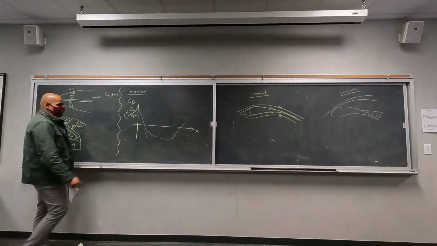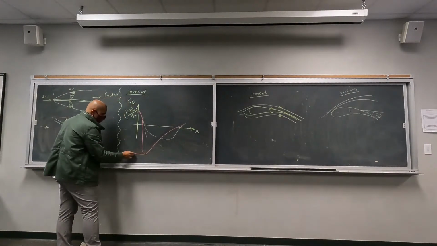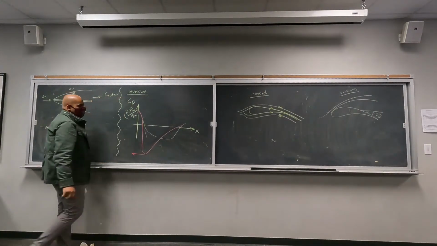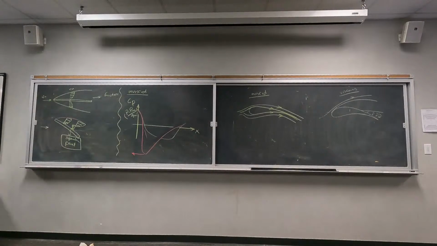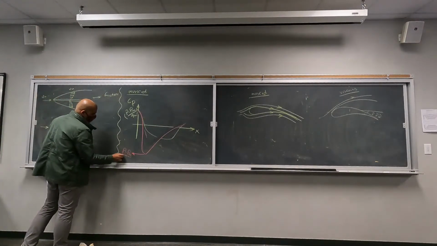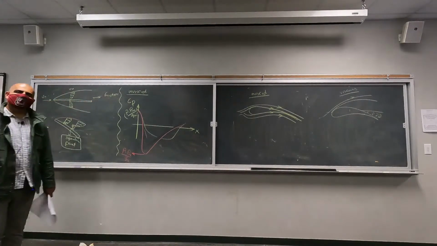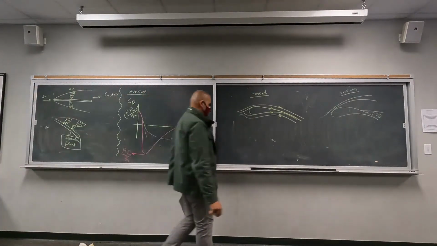So our pressure is going to look like this. A very, very huge drop in P minus P infinity, in the pressure coefficient. So we will see some unrealistic values for the pressure coefficient.